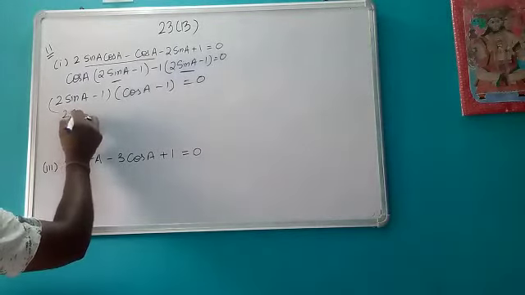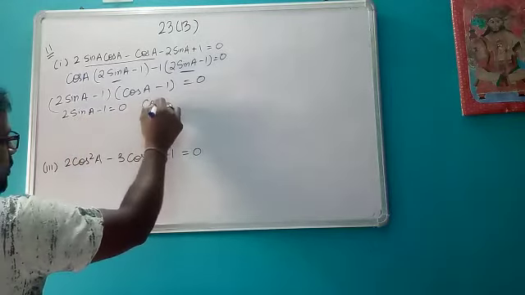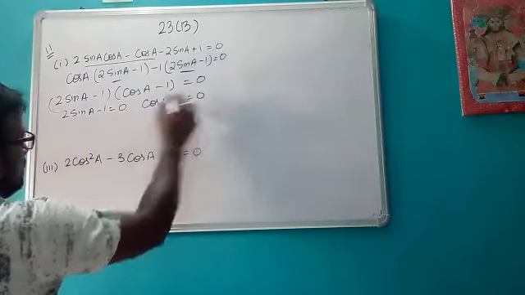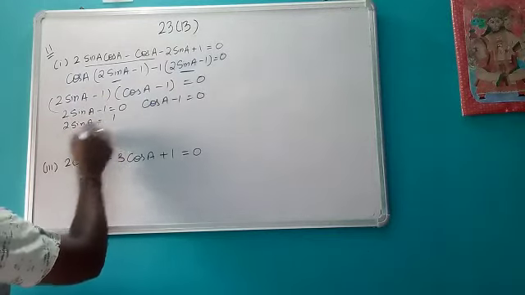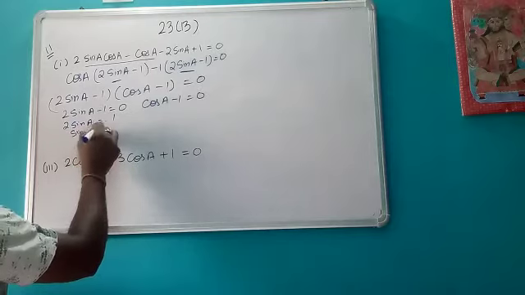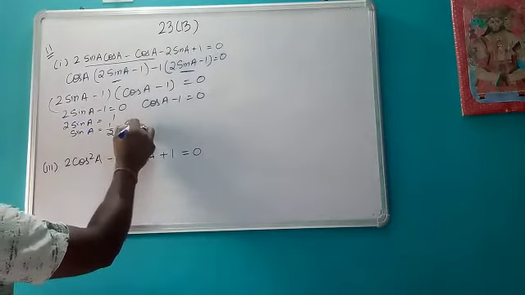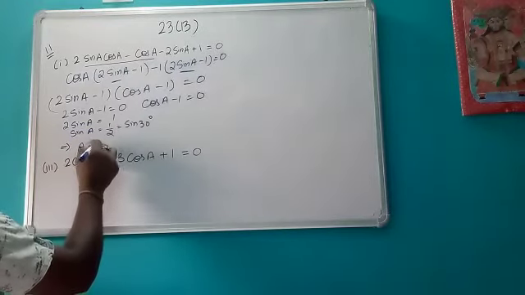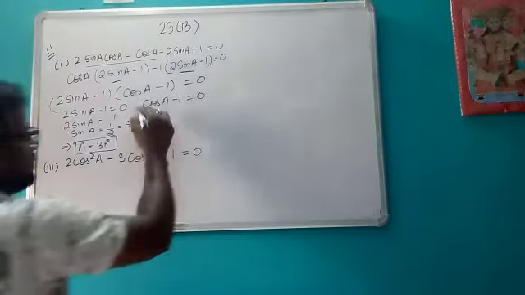So I will take 2 sin A minus 1 is equal to 0 and cos A minus 1 is equal to 0. So 2 sin A is equal to 1, sin A equals 1 by 2, and when sin is 1 by 2, it is 30 degree, that means A is equal to 30 degree. This is my one value.